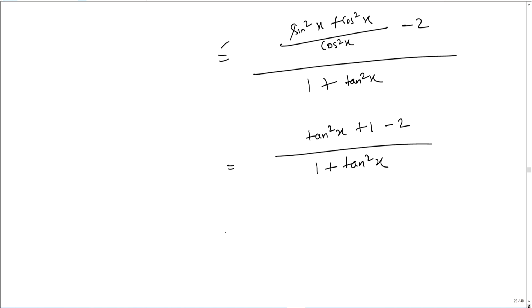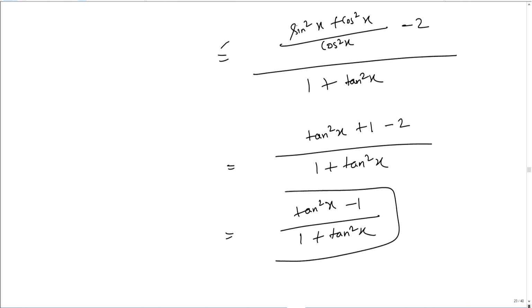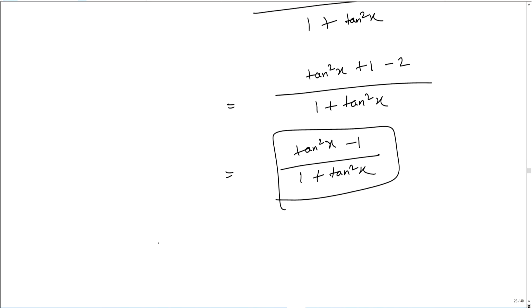So, in the numerator you will have tan square x minus 1, over 1 plus tan square x. Hence you have proved this identity as well. So, this is how you can solve these problems on trigonometric identities. Using some existing identities about sine and cos, you can solve some more identities.